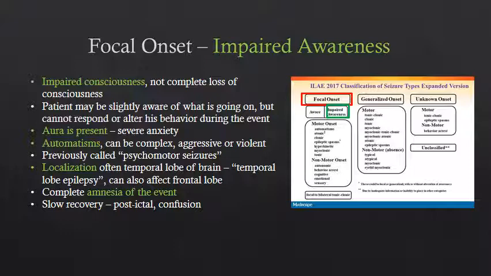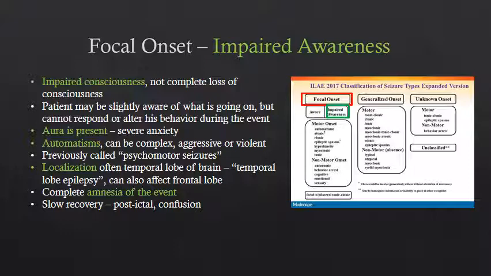During such an automatism, the patient may become aggressive and violent when restrained. Although rare, it's important to be aware of such presentations, especially as they overlap with psychiatric symptoms. This is why previously these seizures were called psychomotor seizures.